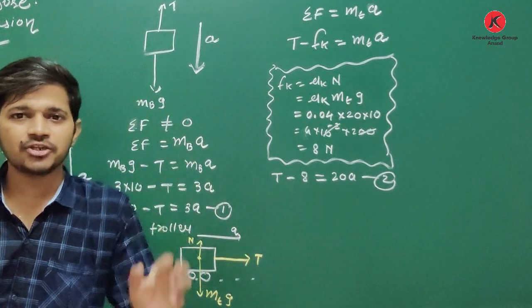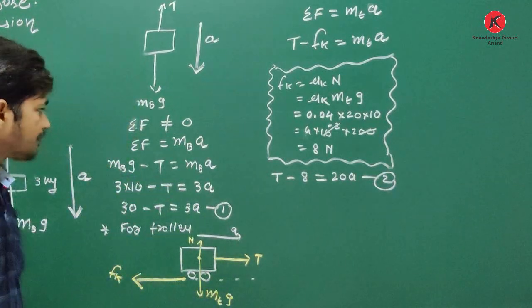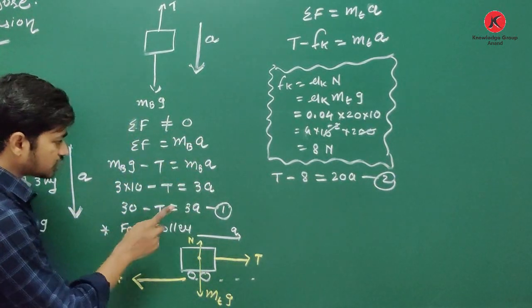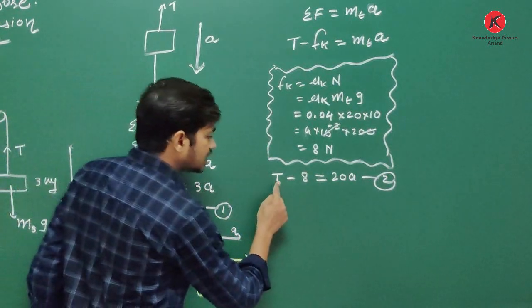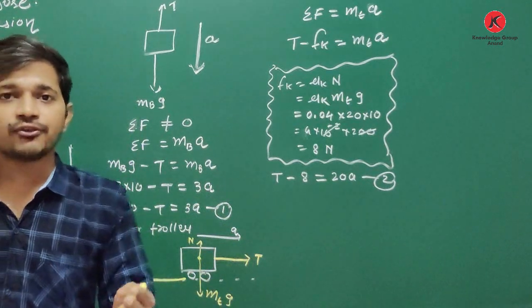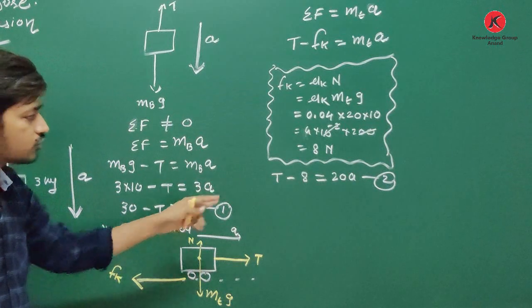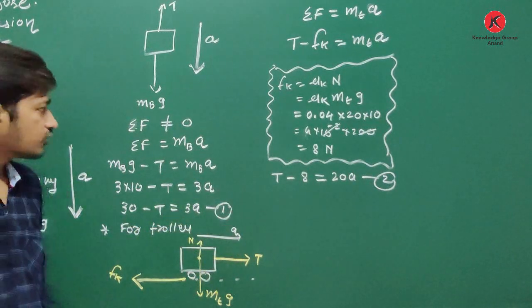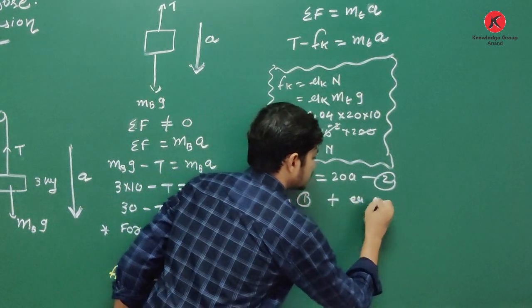So math says that you can easily find such variables. How? It is easy. In equation number 1 it is 30 minus T, and in the second equation T minus 8. So here T is negative and here T is positive. If we add these two equations, T will be cancelled out, and we can easily find the value of a. So equation number 1 plus equation number 2.